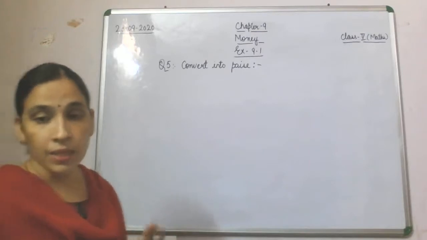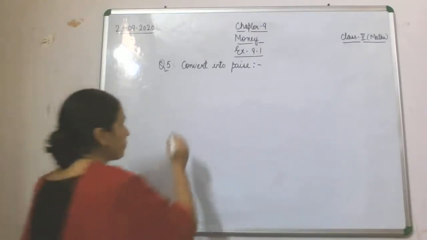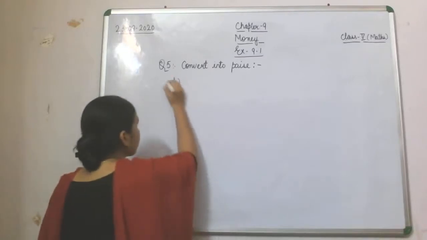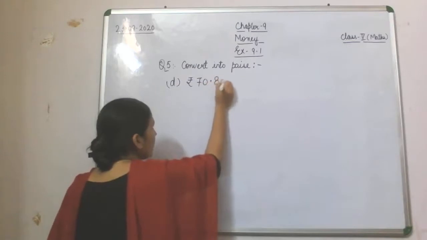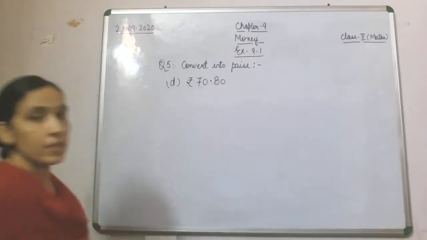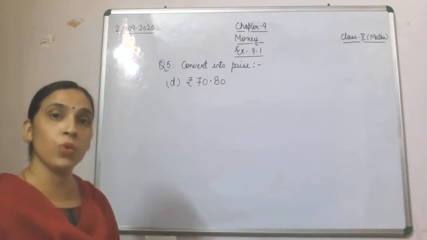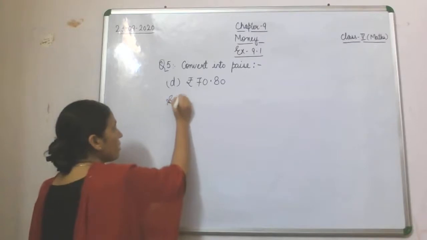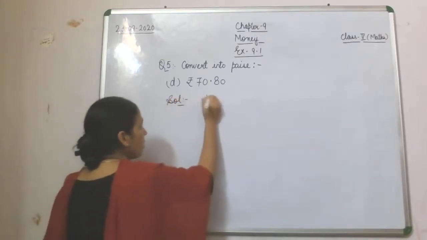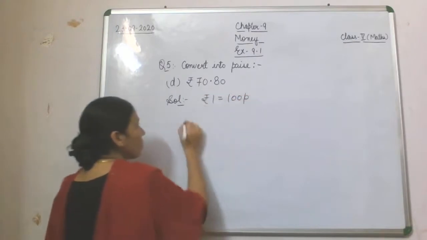Now let's see D part. What is there? Rupee 70.80. Again it is given in rupee, and you are supposed to change it into paise. So first of all we'll write the relation, rupee 1 is equal to 100 paise. So now what happens here?